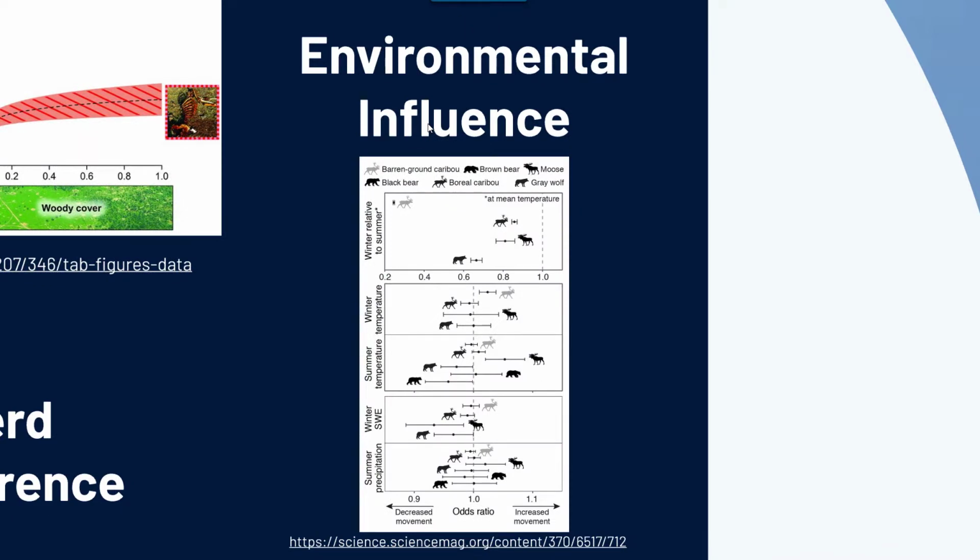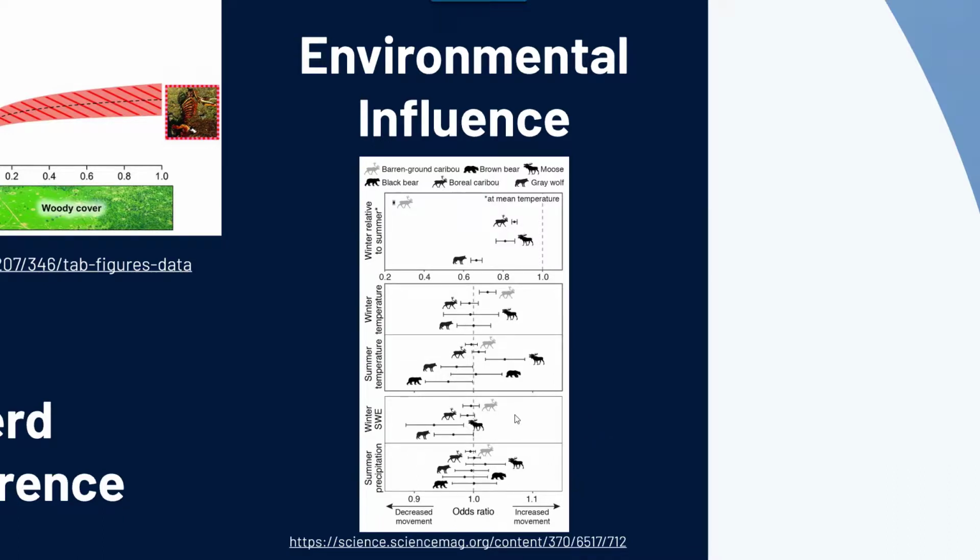There can be environmental influences on the distribution of the home range of these organisms. For instance, in this figure, we have decreased movement located to the left of the panel and increased movement to the right, and we see that there's a difference in the amount of precipitation as well as the temperature in respect to how these various species are going to move within a particular habitat.